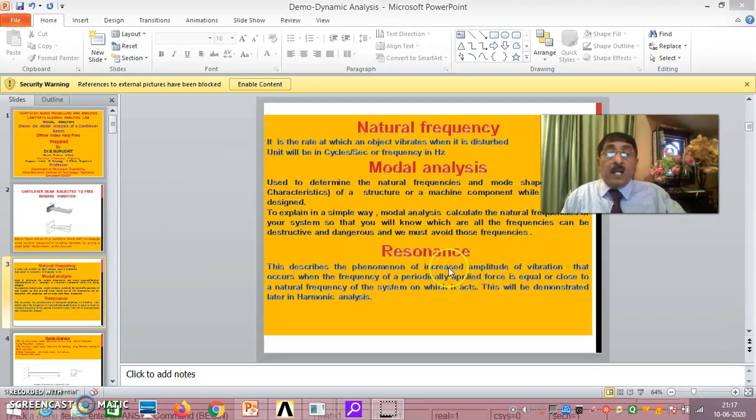But if the shaft is operated at its natural frequency, there will be a massive increase in the amplitude of vibration and massive noise, and when resonance picks up, massive stresses are developed. As a result, the structure is likely to collapse also. That is the concept of resonance, which I'll explain in detail later on.